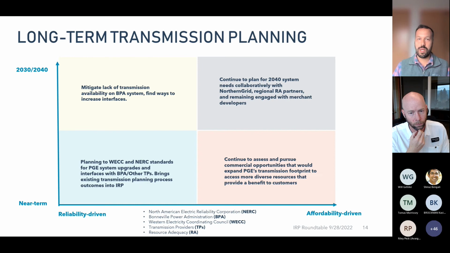Then there's also going to be a really significant focus on how we site more resources closer to home. HB 2021 talks about community-based renewables. As we set those targets, one of the comparators will be what PGE's physical transmission assets or distribution system assets allow, and could that offset the need for transmission? So I don't think we are ruling anything out. We are very much looking to take a maximalist view of everything on the table. How do we get to 2030 with a focus on affordability and reliable service?